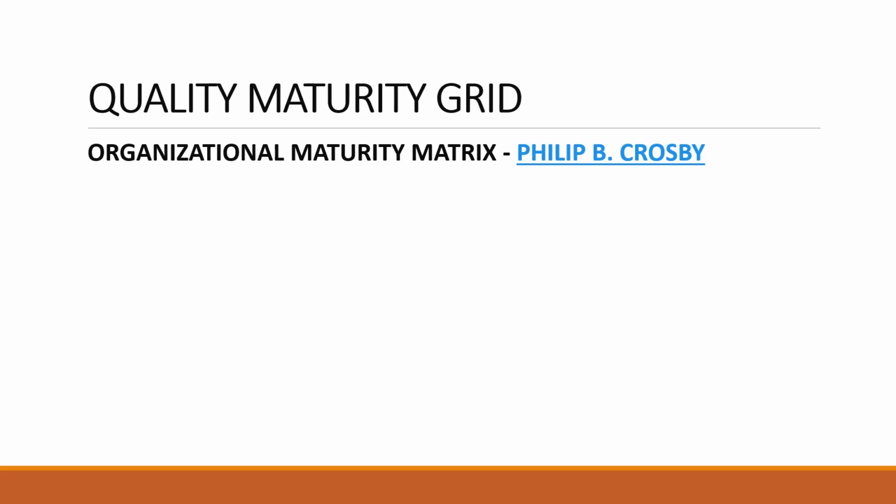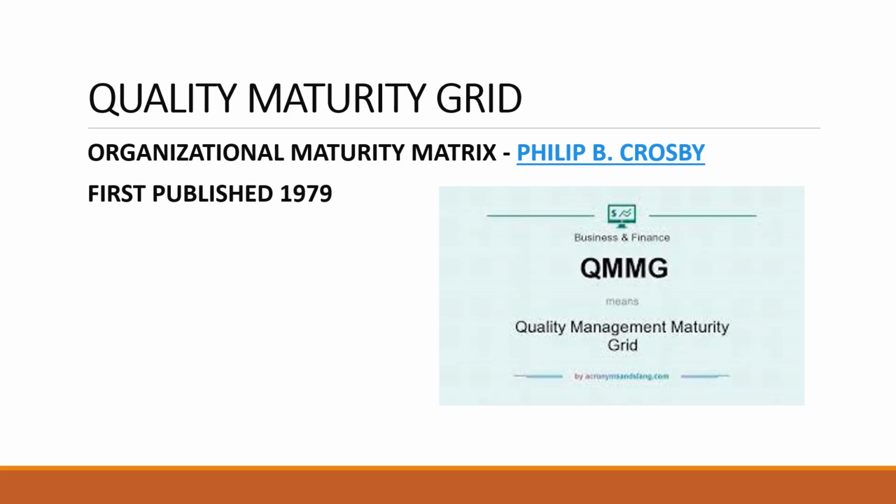Philip B. Crosby was the real inventor of this matrix, and it was first published in 1979. So what is the meaning of the quality maturity grid and how is it important? Let us see. Sometimes we call it QMMG.